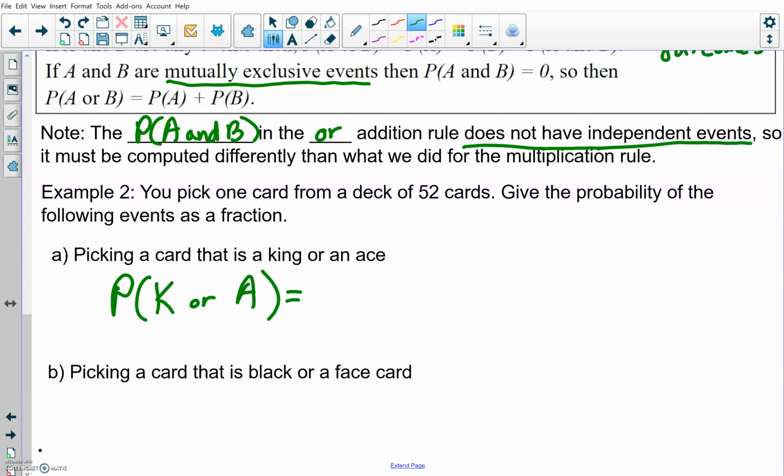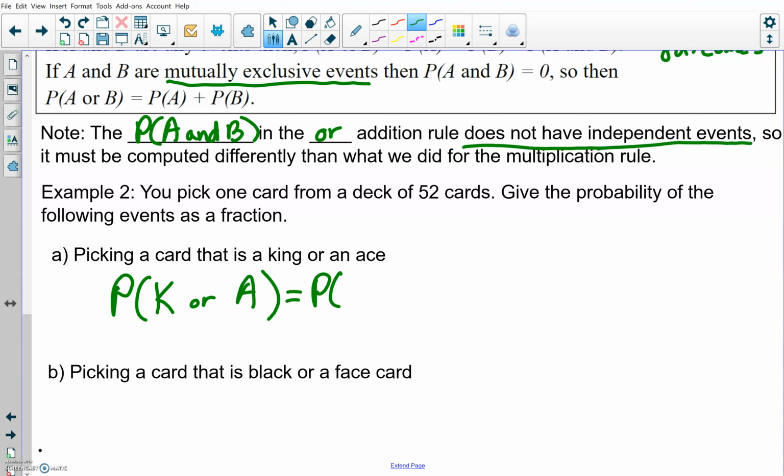Now I need to think, king, ace, are those two cards mutually exclusive? Well, if I draw one card out of a deck of cards, it's either going to be a king or it's going to be an ace. There's no king-ace card in the deck. Sometimes I wish there was when playing poker, but there is no king-ace card. It's just the king or it's the ace.